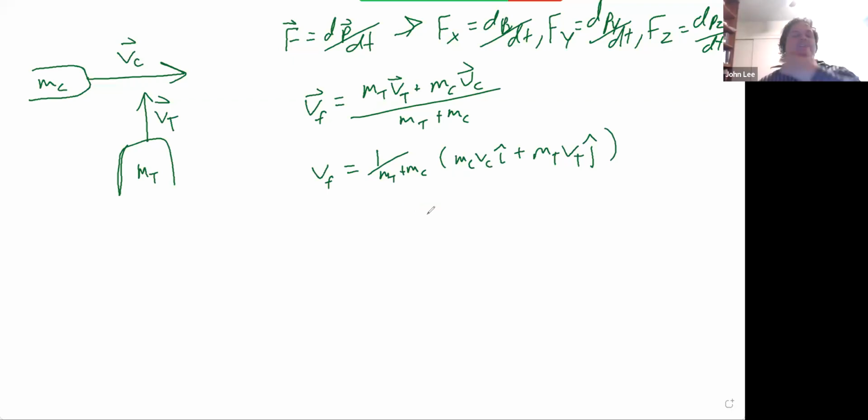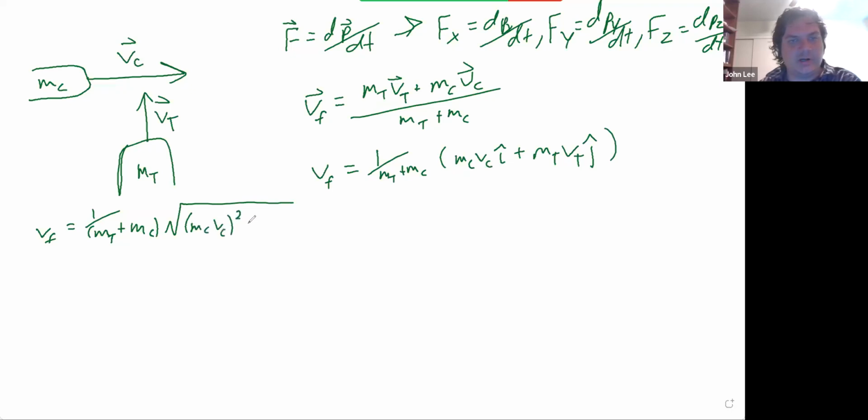So yeah, this is pretty simple. This is just going to give us all of that. I was going to plug in some numbers, but I realized that we don't need to. So the magnitude of V final is going to be equal to 1 over MT plus MC times the square root of MC VC squared plus MT VT squared.